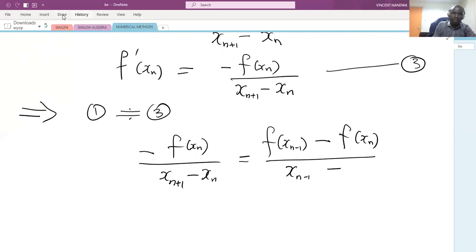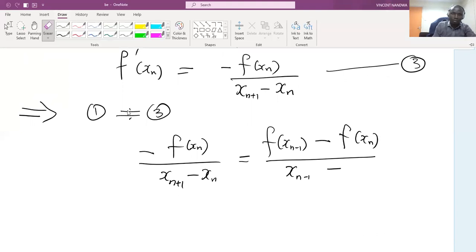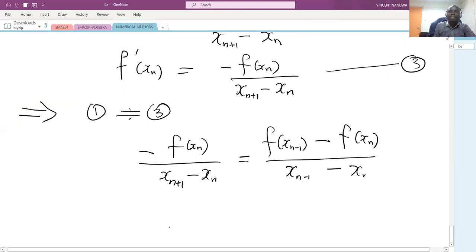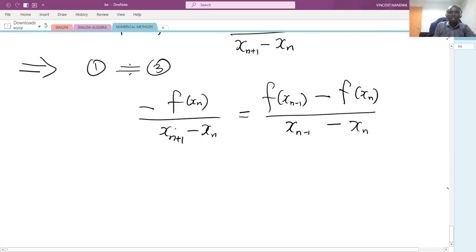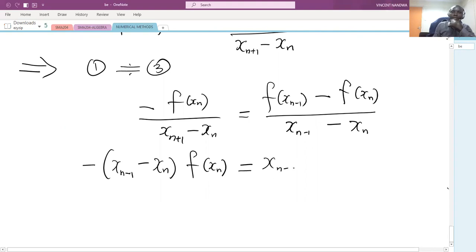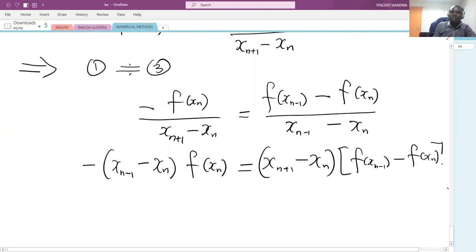Then let's multiply through to make xn plus 1 the subject. So I'll have minus xn minus 1 minus xn divided by f of xn, equals xn plus 1 minus xn times f of xn minus 1 minus f of xn.